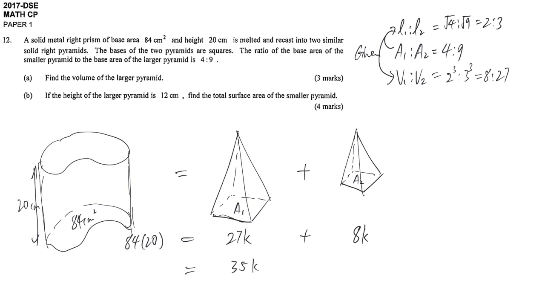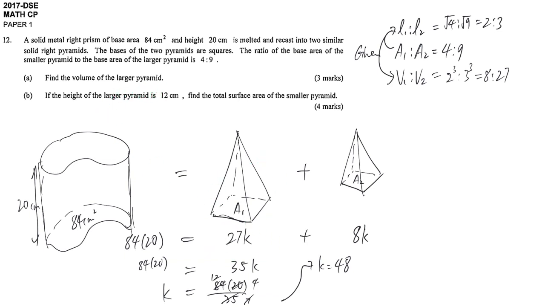So 35K is 84 times 20. Then K is equal to 84 times 20 divided by 35. Divide both sides by 5, we have 4 and 7. Divide both sides by 7, we have 12. So that's why K is equal to 48. But the question is not yet finished because we need to find the larger pyramid volume.